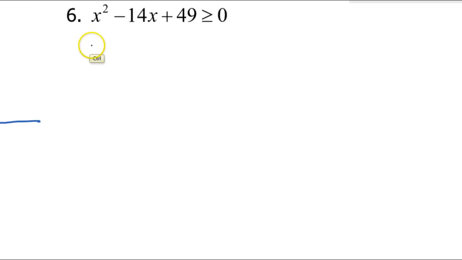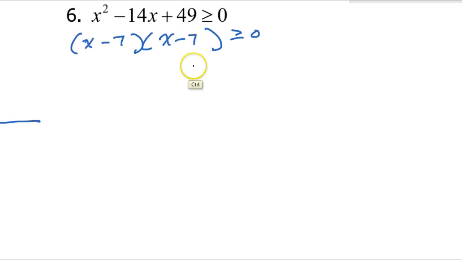All right, I think this will be the last problem for this video. Again, we have to factor ourselves. So this is going to be x minus 7 times x minus 7. So that's going to give me one critical value, x equals 7.